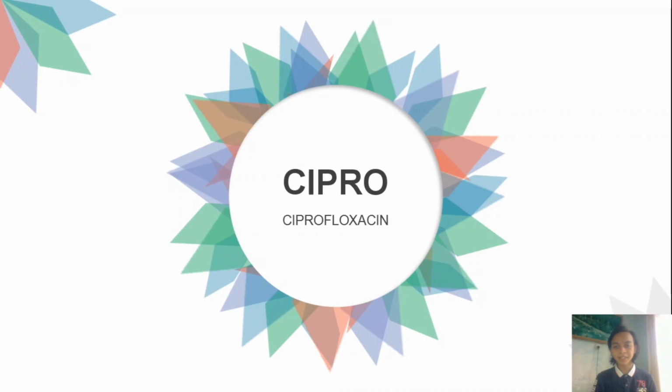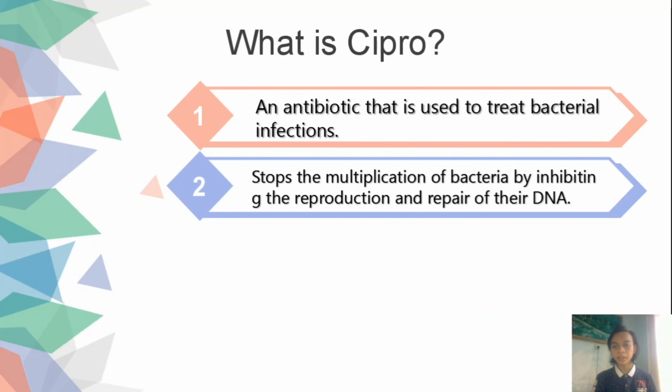So I will present about ciprofloxacin. It is an antibiotic that is used to treat bacterial infections. It stops the multiplication of bacteria by inhibiting the reproduction and repair of their DNA.